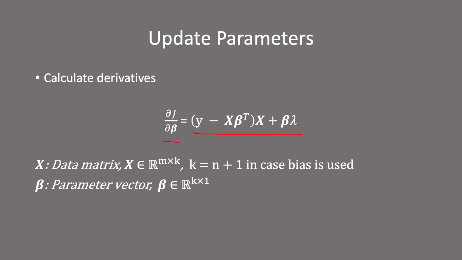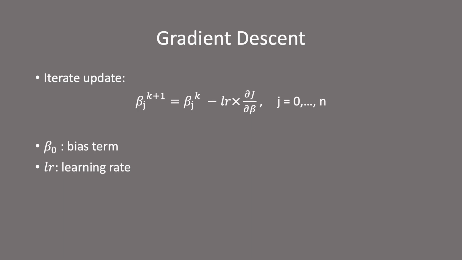And beta is the parameter vector which has dimension k multiplied by 1. The gradient descent method will update the beta vector by subtracting the learning rate multiplied by the derivative of the loss with respect to beta.